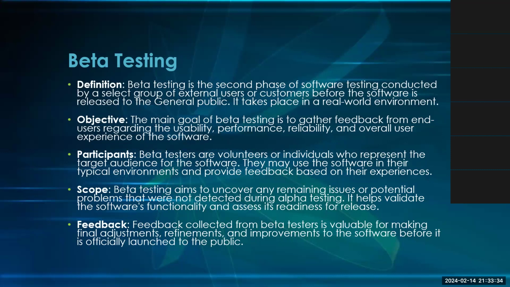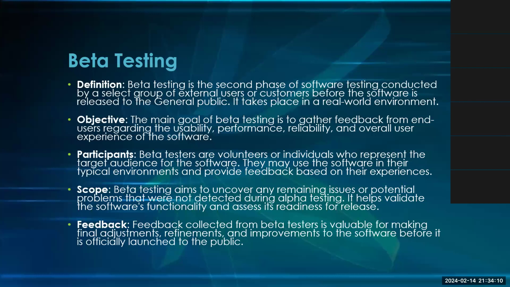Thank you. So we also have beta testing. The definition of beta testing is the second phase of software testing conducted by a selected group of external users or customers before the software is released to the general public. The main goal of beta testing is to gather feedback from the end users regarding the usability, performance, reliability, and overall user experience of the software.